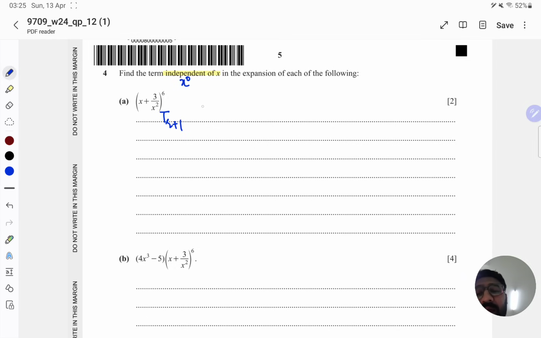So T r plus 1 will be equal to n C r, a power n minus r, where a is x, n minus r which is 6 minus r, and b which is 3 over x square, whole power r. The value of r is unknown because we are figuring out at which specific term we get a coefficient which is independent of x.